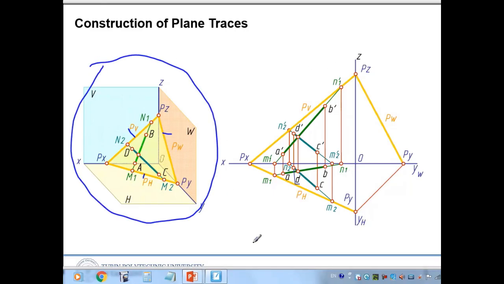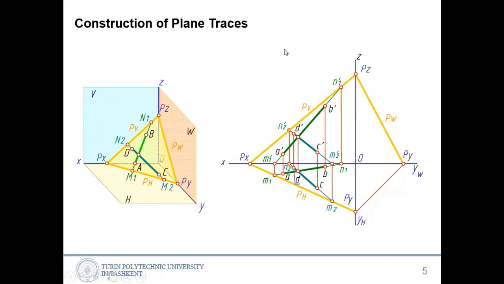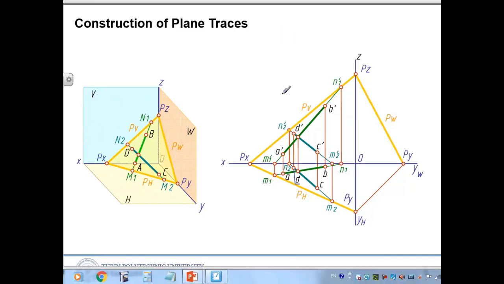We have only this two-dimensional space, and the two intersected lines are the green one and the blue one. We have to find these yellow things, the plane traces PV, PH, and PW. How do we find them? In the same way, first we have to find the line traces.